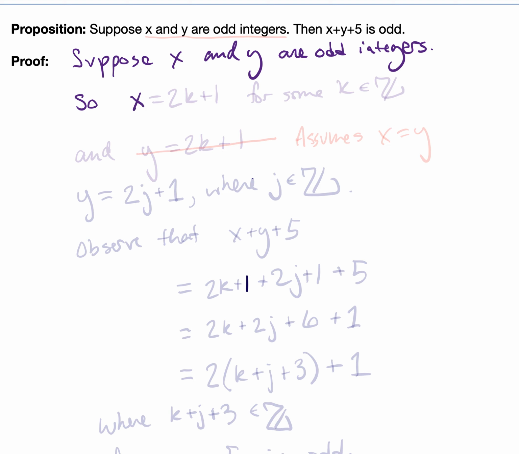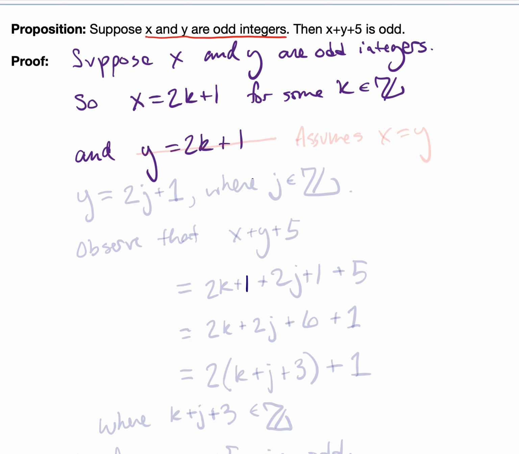So x is equal to 2k plus 1 for some k in the integers, and y, well, what can we put here? Can we write y is equal to 2k plus 1 for some k in the integers? At this point, this would be an error. We would be assuming more than what was given by the hypothesis. So x and y are odd integers.